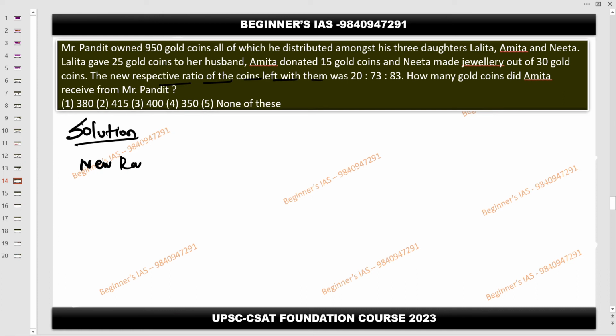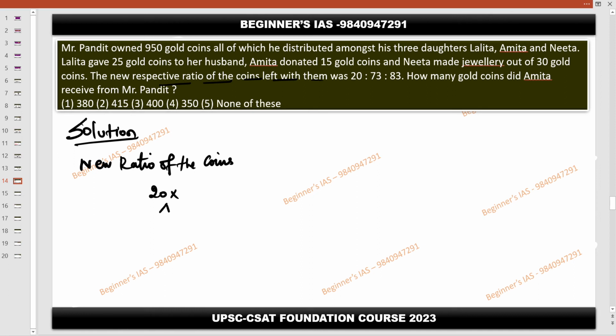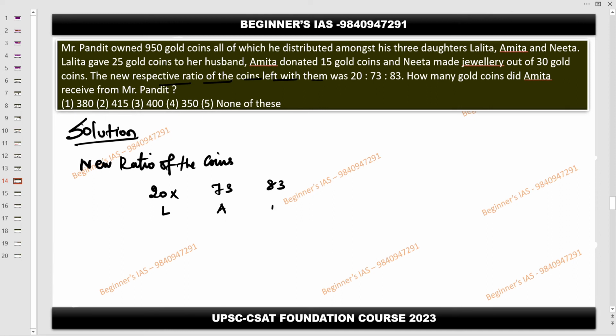So the new ratio of the coins is 20x with respect to Lalita, then 73x with respect to Amita, then 83x with respect to Neeta.